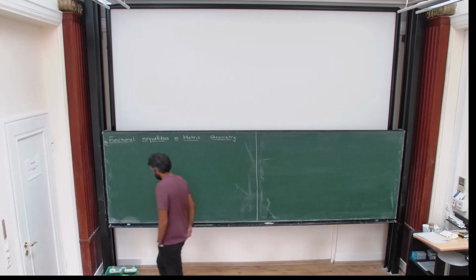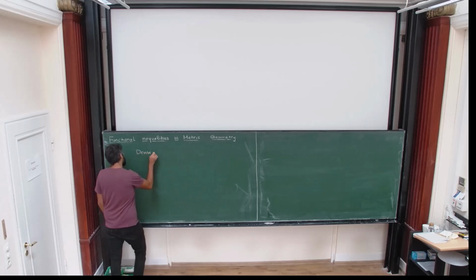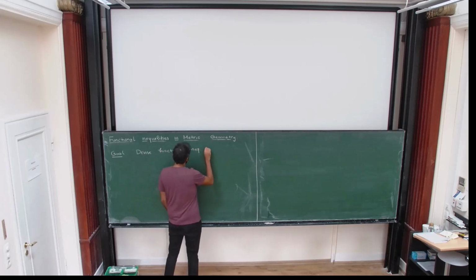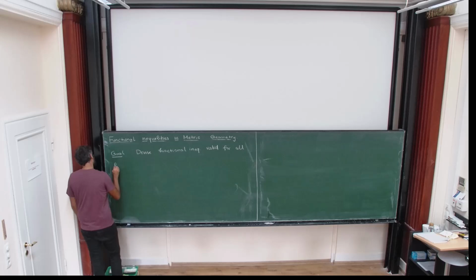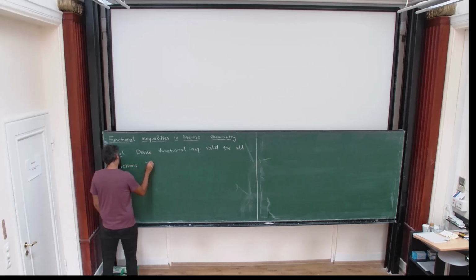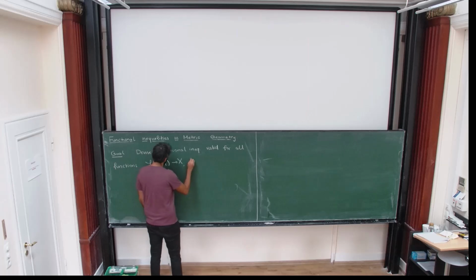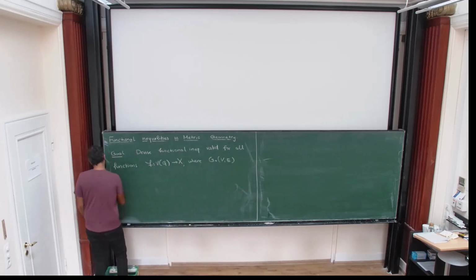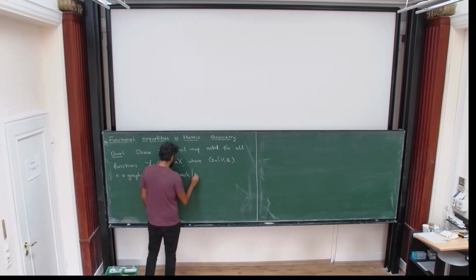So the goal is to devise functional inequalities which would be valid for all functions of the form f from V of G into X, where G is a graph and X is a Banach space or metric space.